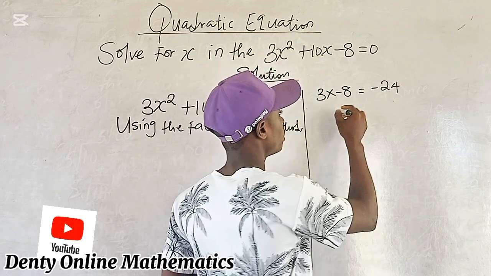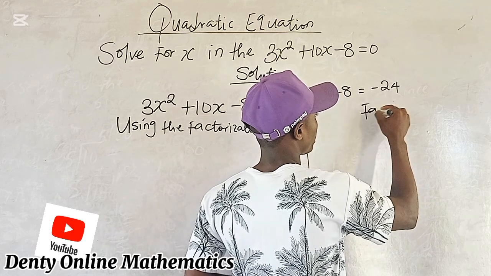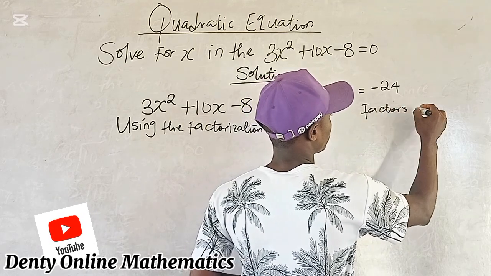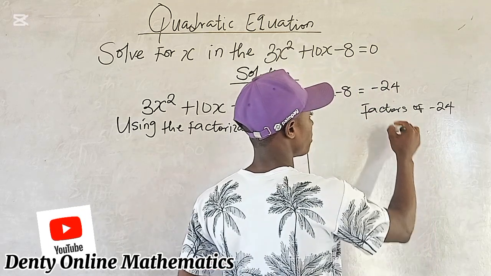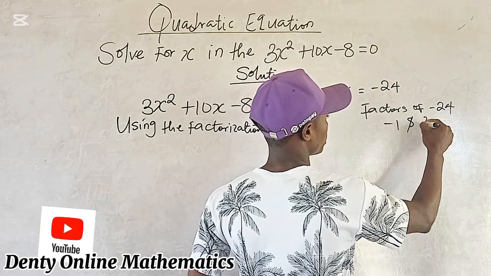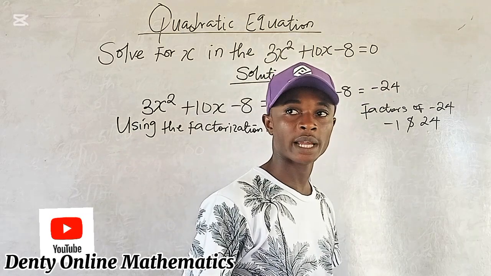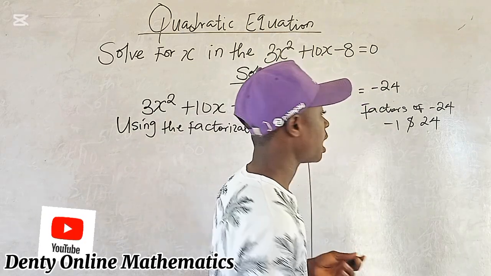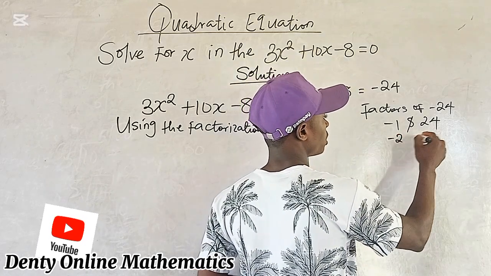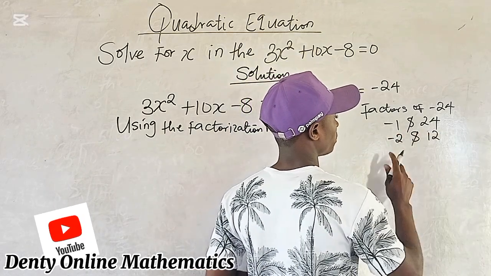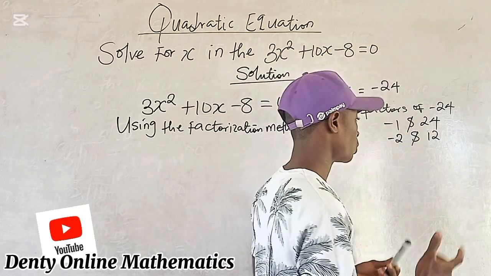Now, factors of minus 24 can be minus 1 and 24 itself, because minus 1 times 24 will always give us minus 24 or negative 24. Another one that can go also is minus 2 and 12, because minus 2 times 12 will give us minus 24.